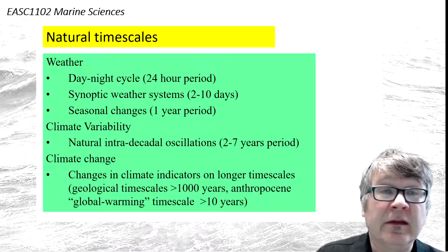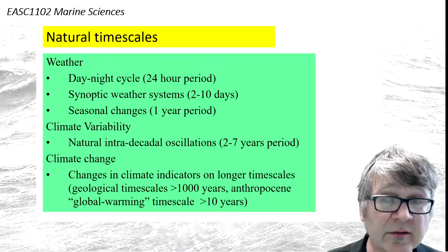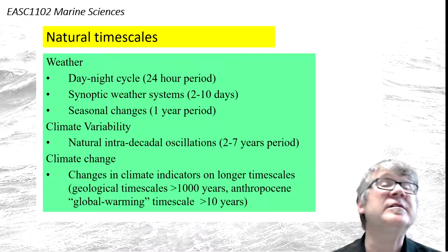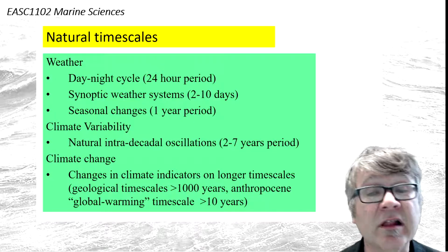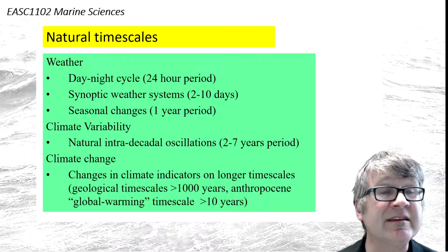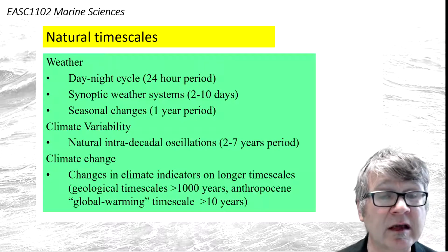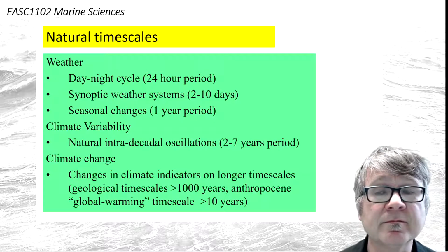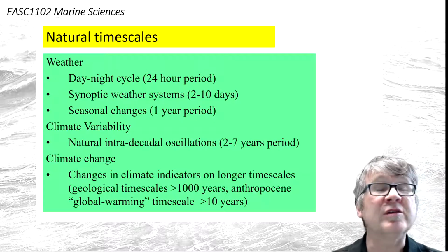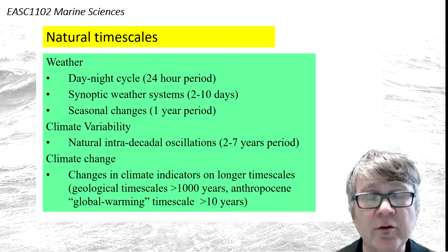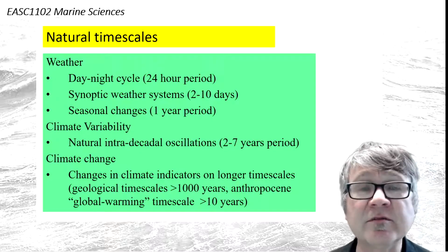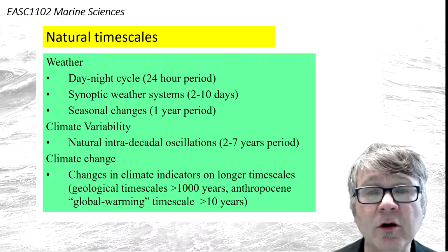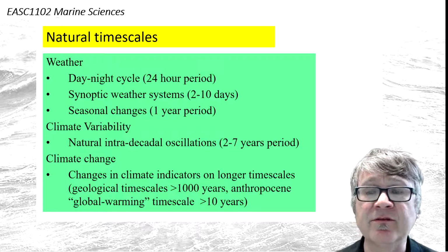And over in the ocean you have the same scales. So now the next thing is something that we call climate variability. It's the inter-annual climate variability, changes that we have from one year to the next. There's also climate variability on very, very long time scales, on geological time scales of millions of years, but we are not talking about these very long time scales here in this topic.